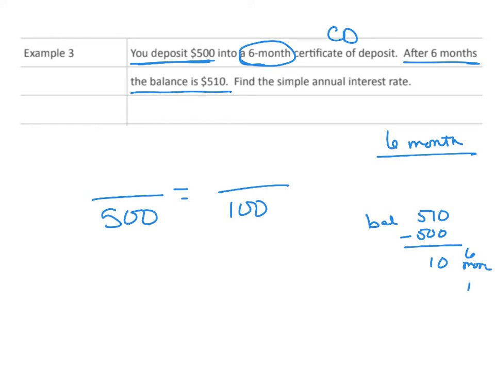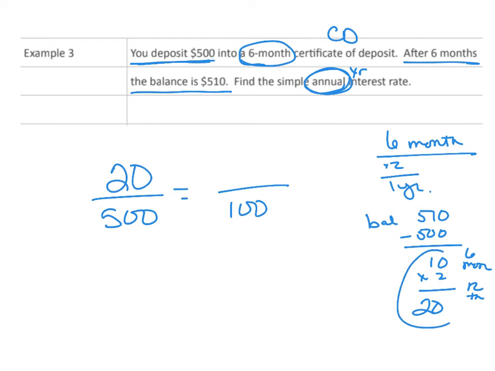What would you earn in 12 months? We would basically double it, so you would earn $20. That is our interest amount, because remember, annual interest means a year. So we have to double it. So 6 months times 2 gives us 1 year.